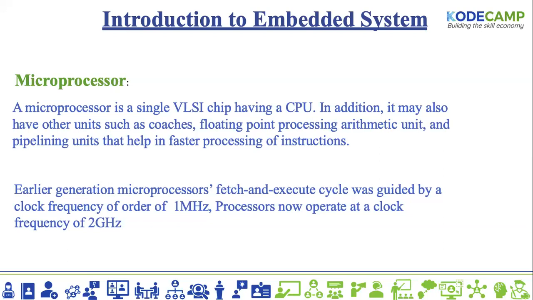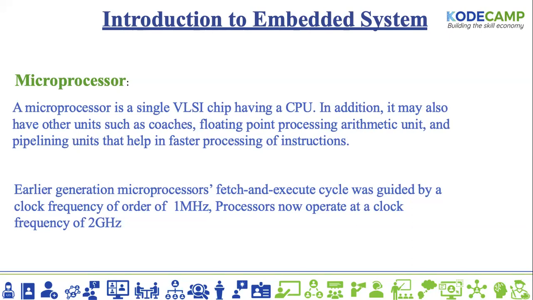This helps in faster processing of instructions. Then you have different inputs and outputs, and this may be a timer, or maybe there's a signal at the serial communication port, and it needs to pick this signal. So with the help of all these combinations, it works much faster.